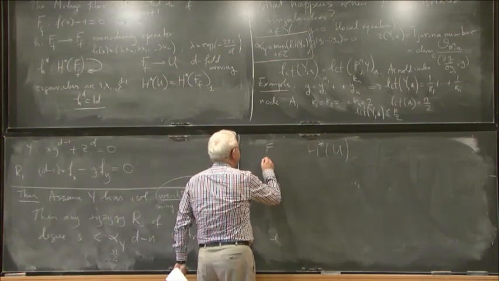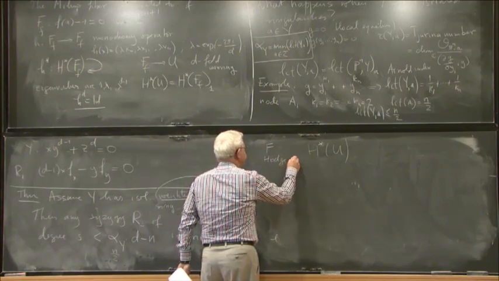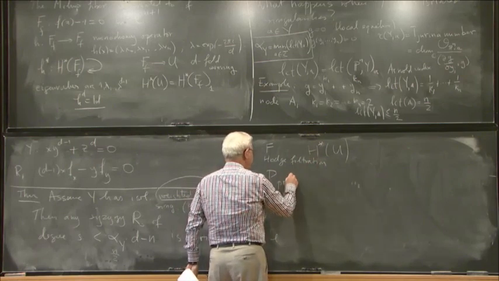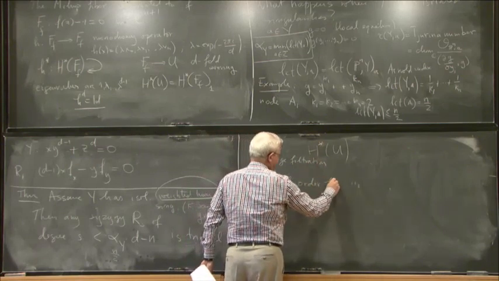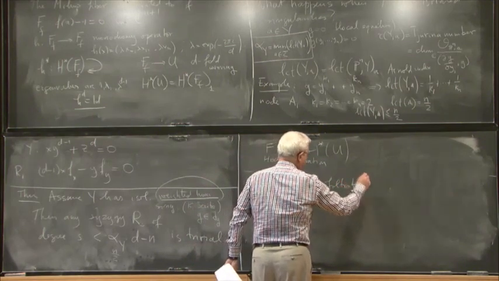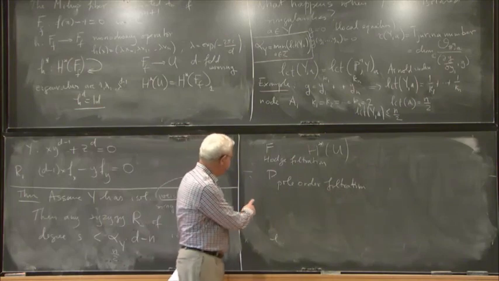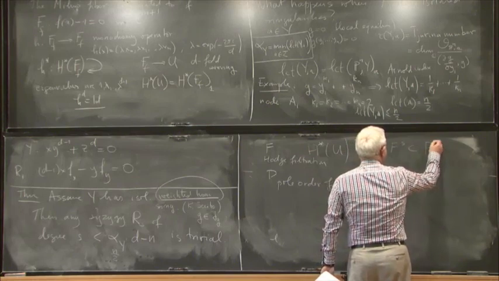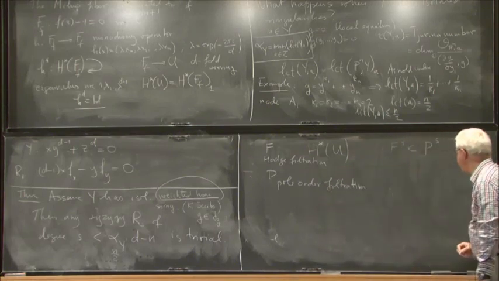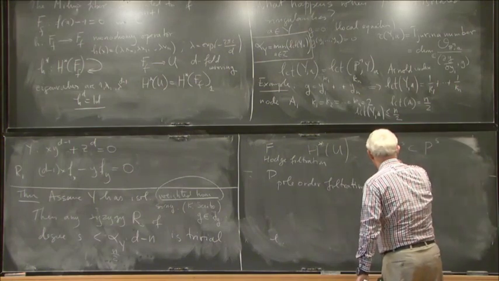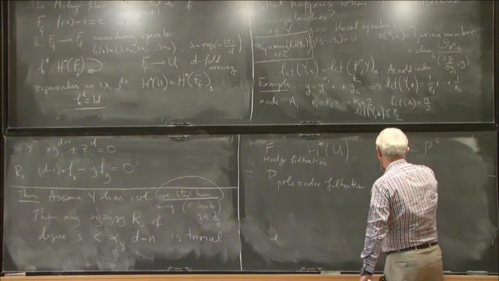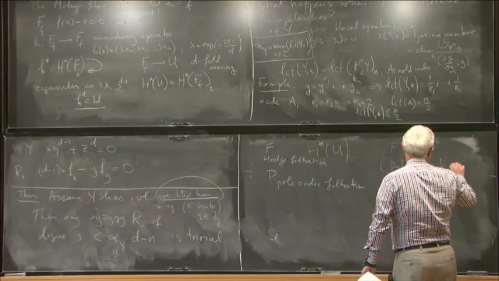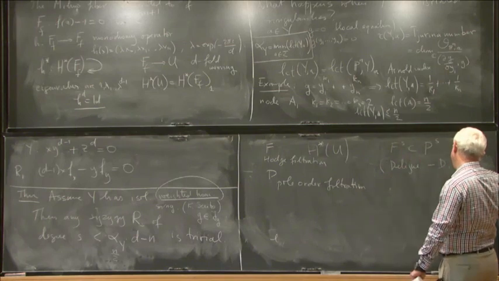We have the Hodge filtration and we have the pole order filtration. And these two filtrations are related. One has such an inclusion, and this is a result which Pierre Deligne showed me 25 years ago.